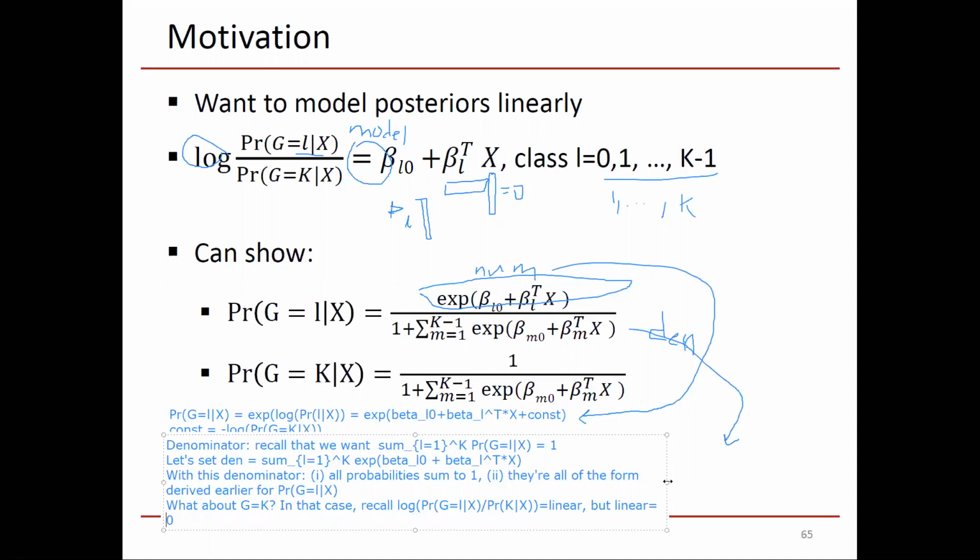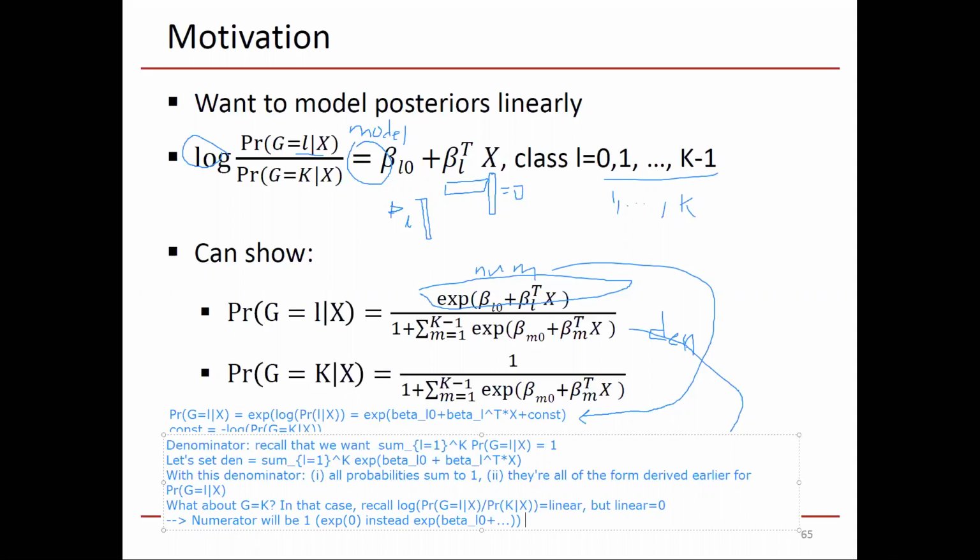If the linear form is 0, it tells us that the numerator will be 1, exponent of 0, instead of exponent of beta L0 plus, and so on. In other words, I'm really telling you that beta L0 plus beta L transpose X is 0, period.